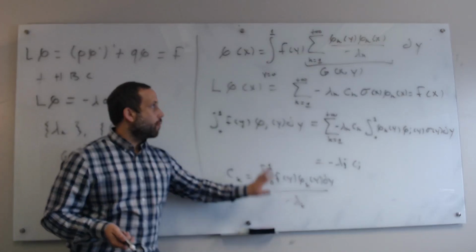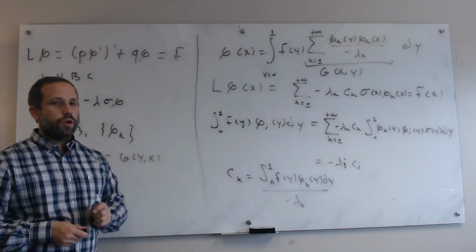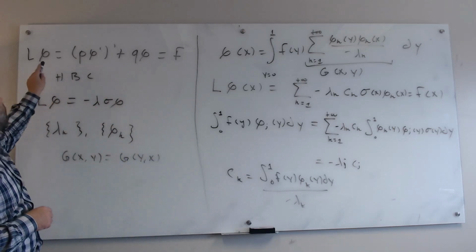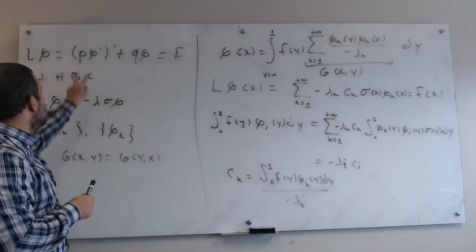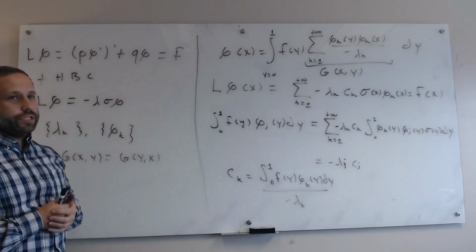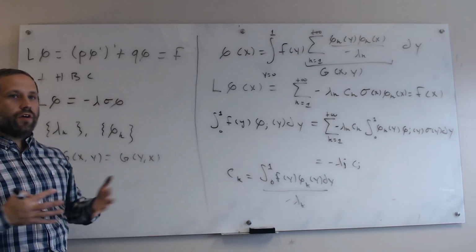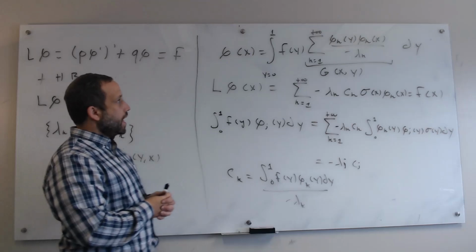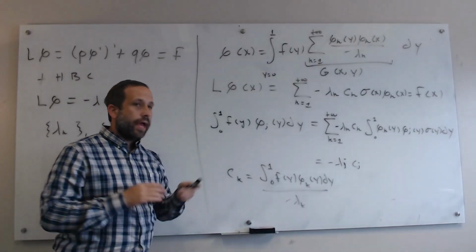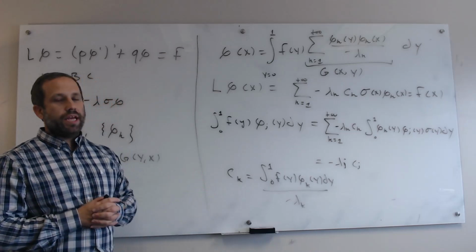So one thing I want to point out is that there's only one Green's function for the problem, and when I say for the problem, that includes the differential equation, or this differential operator, and then the homogeneous boundary conditions. The Green's function is unique, and this is one way to write it. This is one formula.